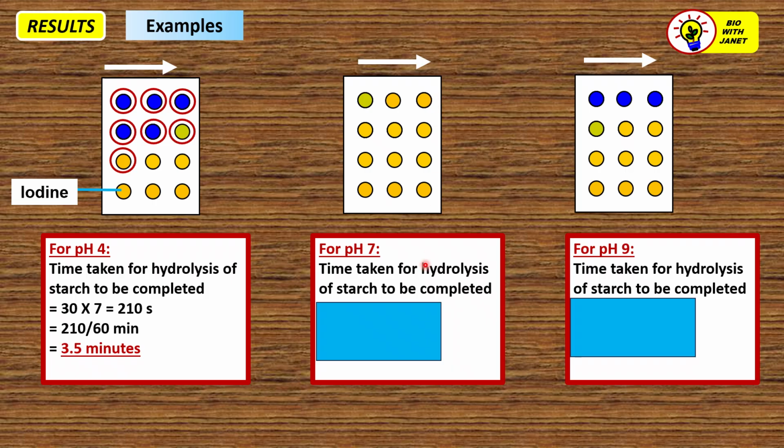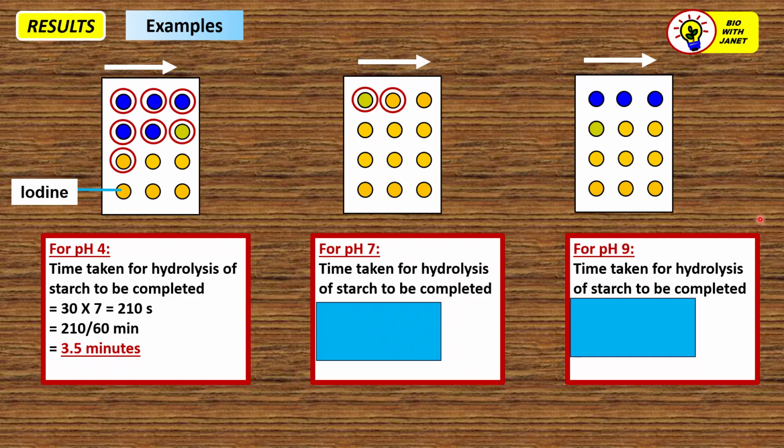Right, for pH 7, again, let's circle up here. You will involve only 2 results. At the second result here, around 1 minute, you can see that the iodine solution now remains brownish yellow. So the reaction is completed.